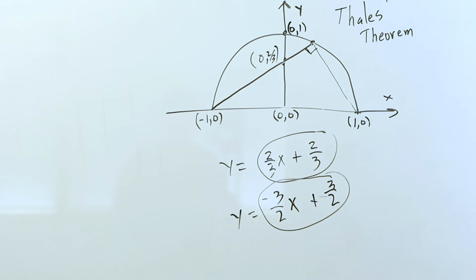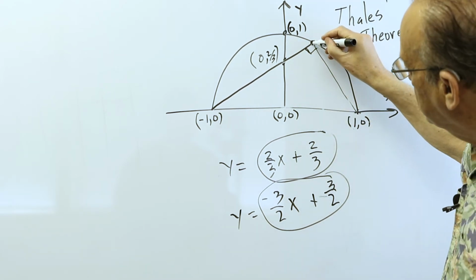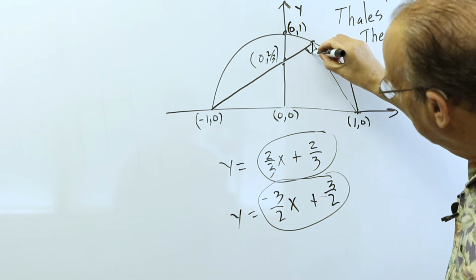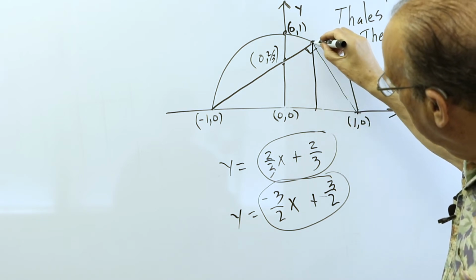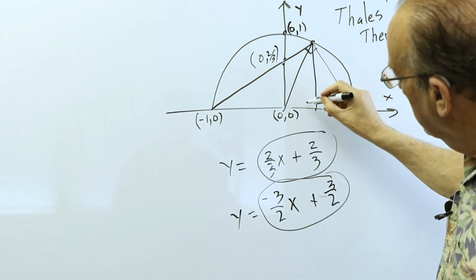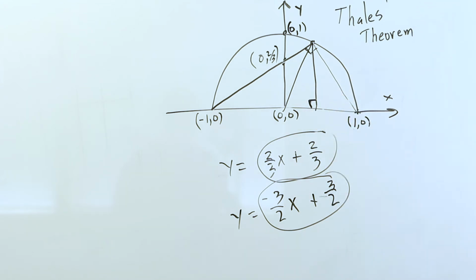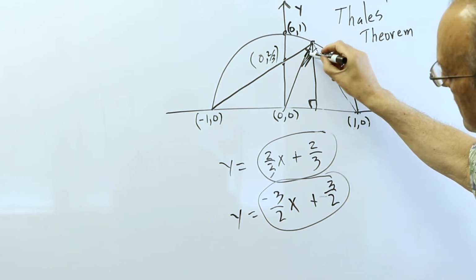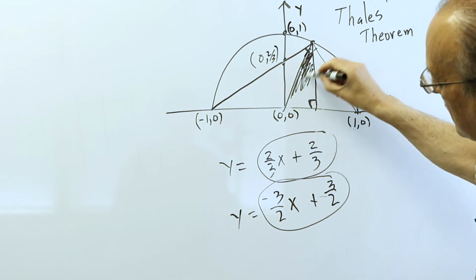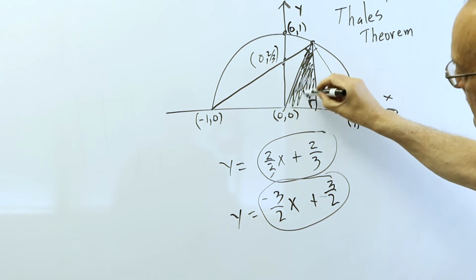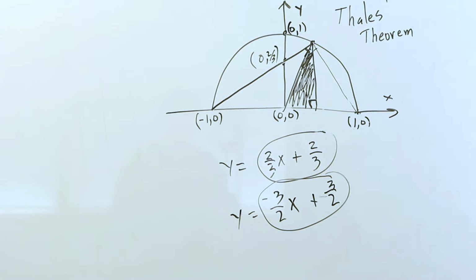Well, that's related to Pythagorean triangles, because if I drop this perpendicular, and connect these 2 points, I'm going to get a right triangle. And it's going to have rational sides. So I'm going to be getting this right triangle, which I can convert later to a Pythagorean triangle with whole number sides.